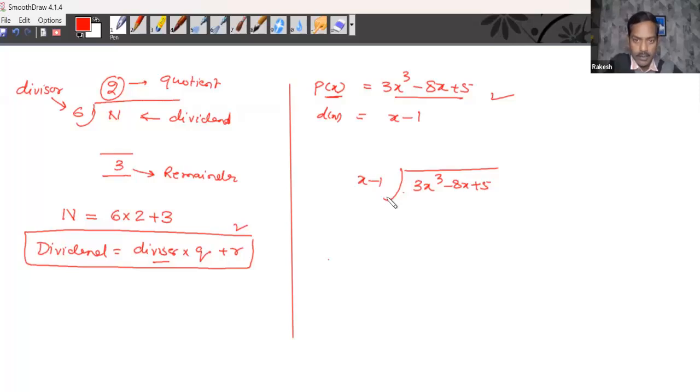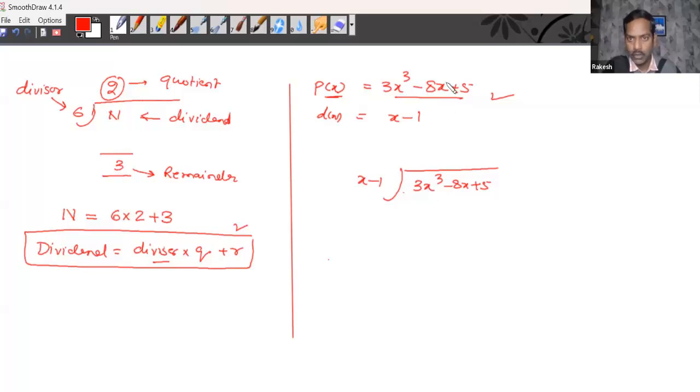Now here the steps are very, very important. Please listen carefully. Here we just ignore everything. We just focus on the first term. And in fact, there is one more thing which I just missed: the dividend should be written term-wise such that the degree is in decreasing order. Here 3x cubed has the highest degree, so I'm writing it here.